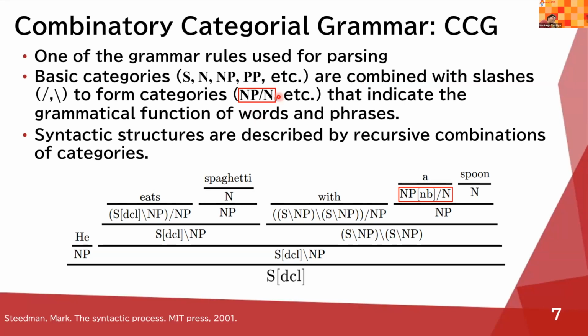And this NP slash N means a determiner. This means a spoon is a noun phrase, and in a spoon, a is a determiner. NP slash N means the kind of word that takes a noun to the right-hand side of it and becomes an NP.